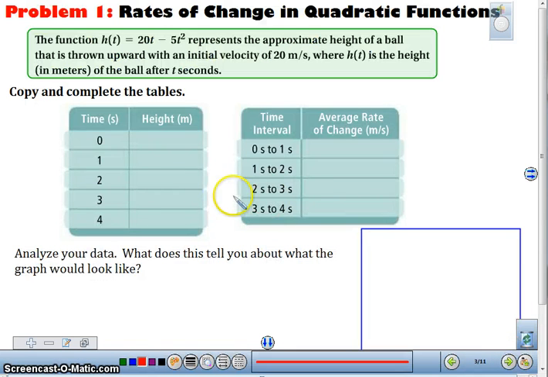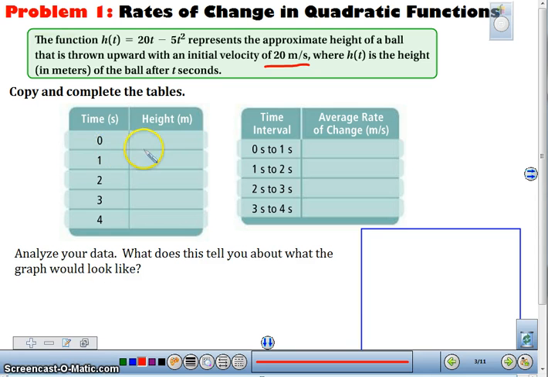Now, as we are doing the problems, one of the first things that you are going to be asked to do is look at this equation, h of t equals 20t minus 5t squared, and it represents the approximate height of a ball that is thrown upward at a velocity of 20 meters per second, thus the 20t, and the height in meters of the ball after t seconds.